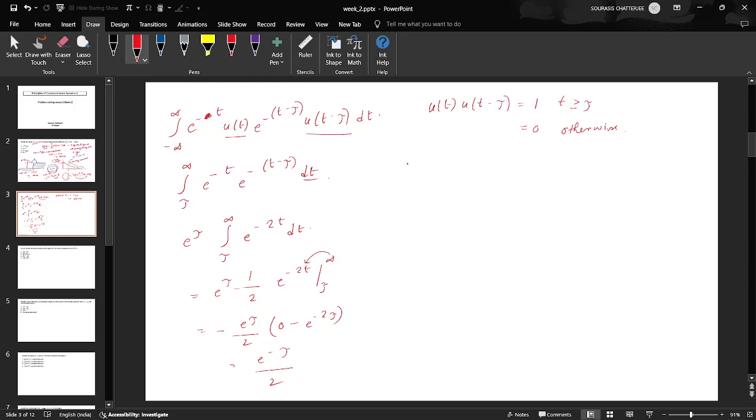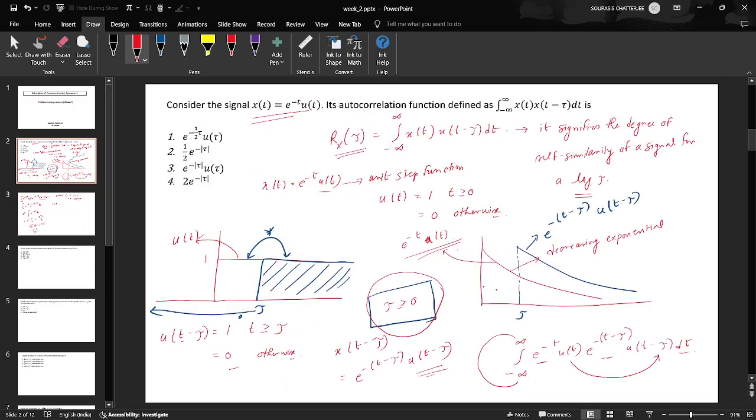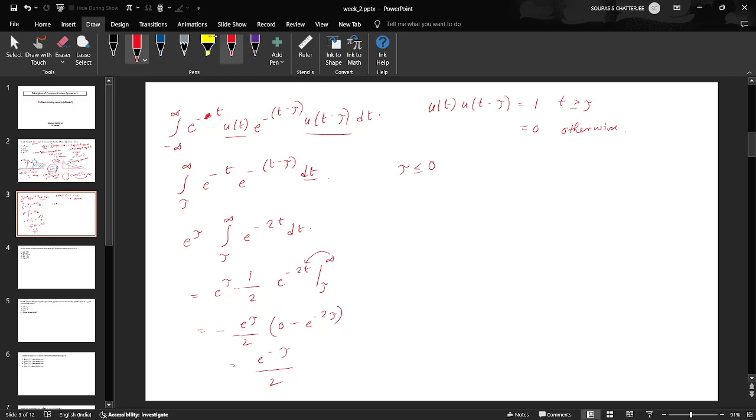So next we will consider the case when tau is negative. Sorry, this is not the leading case, this is actually lagging, it's lagging by tau. Now when tau is negative, that is the next case we are considering, this is actually the leading case.